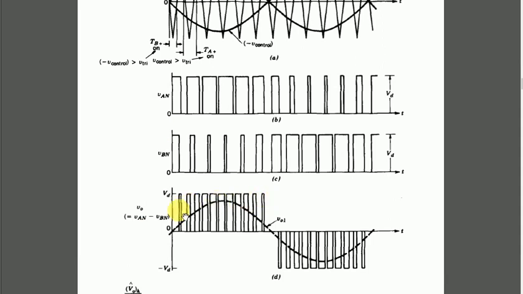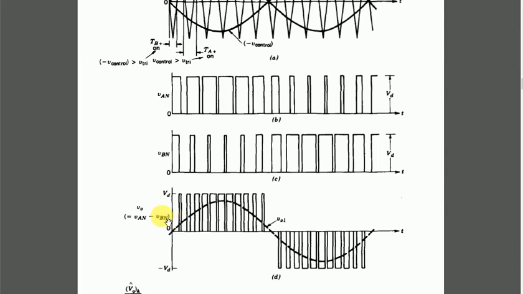Also, from the perspective of harmonic elimination, we'll compare the graphs for bipolar and unipolar voltage switching schemes. Even this waveform gives an idea that synthesizing a pure sinusoid from it is relatively much easier compared to the bipolar voltage switching scheme.